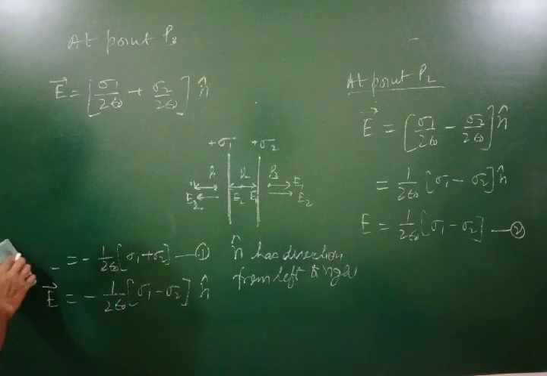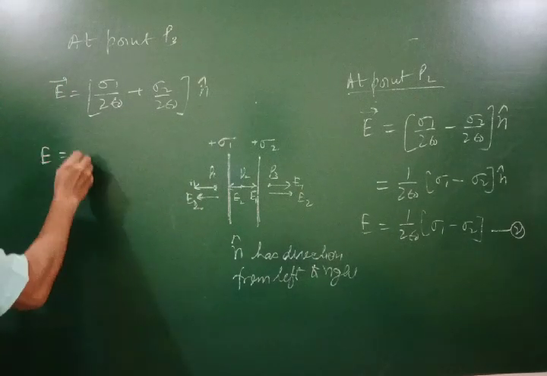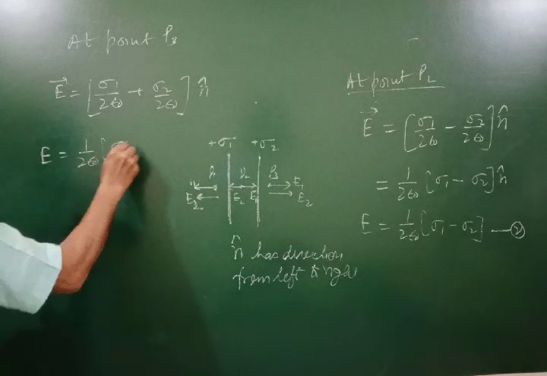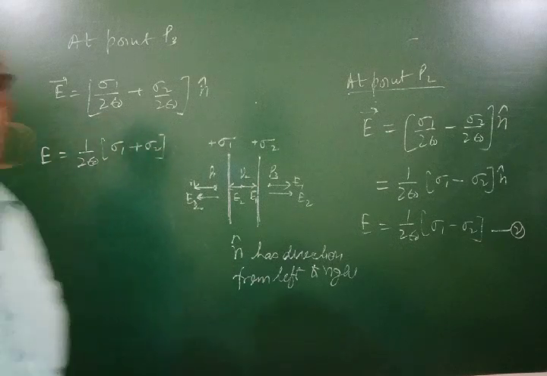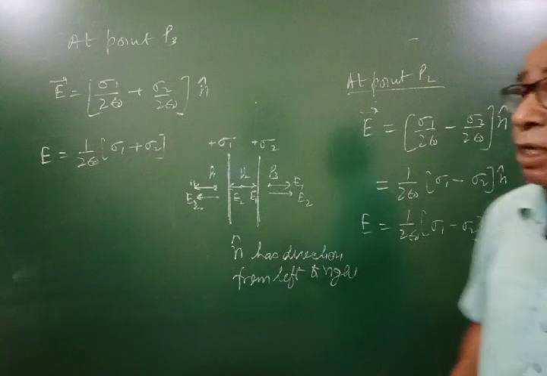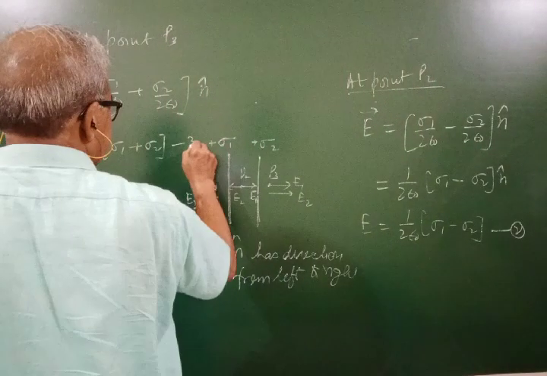Or in magnitude, you can write E equal to 1 upon 2 epsilon 0 into sigma 1 plus sigma 2. And you must remember what sigma is here. Sigma is the surface charge density, charge per unit area on the sheet. So this is equation 3.